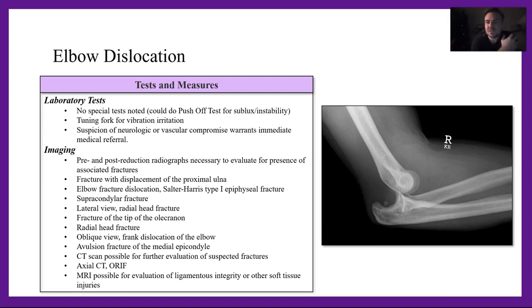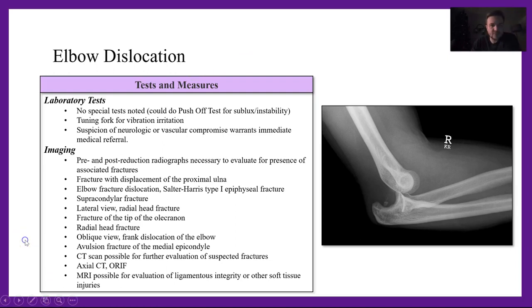So you recreate the mechanism of injury of a supinated hand, weight-bearing position. So you just push down on your seat, try to lift yourself up, and there will be a video of that special test that you have access to. If that reproduces symptoms of pain, we consider that positive. So that's one test you could do if it's a subluxation.